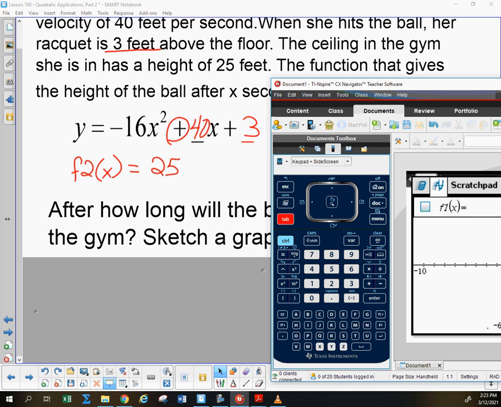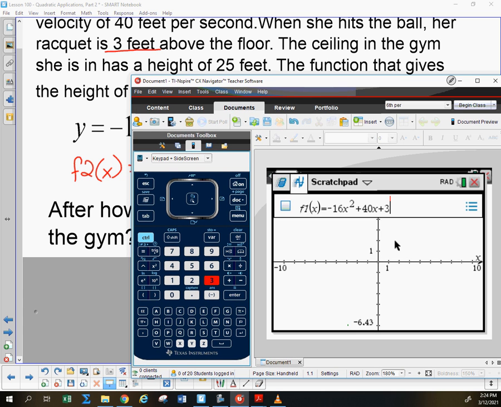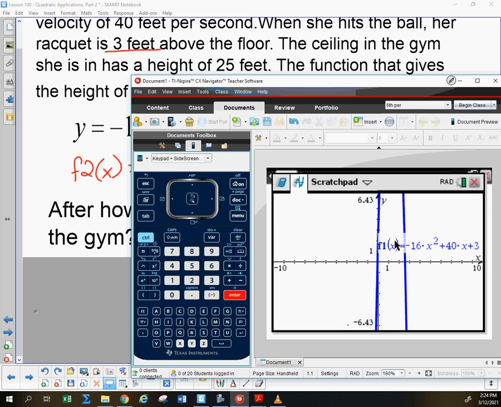So tab for F1, negative 16x squared plus 40, don't forget the x, plus 3. And I need to get where I can just proofread before I hit enter. Yes, that looked like I typed it correctly. And then my second one was F2 equals 25.